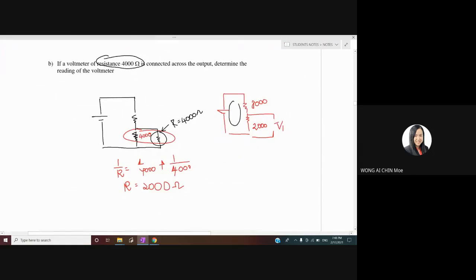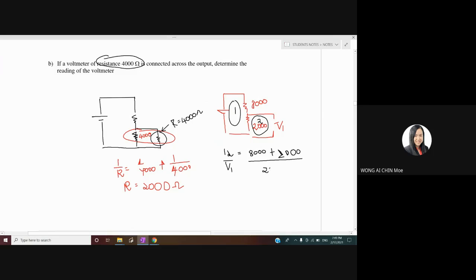The first loop is 12 volt and the total resistor is 8,000 plus 2,000. And for the small loop, this is the output that we want to find. The second loop, V1 is the value that we want to find, and the resistor is only 2,000.